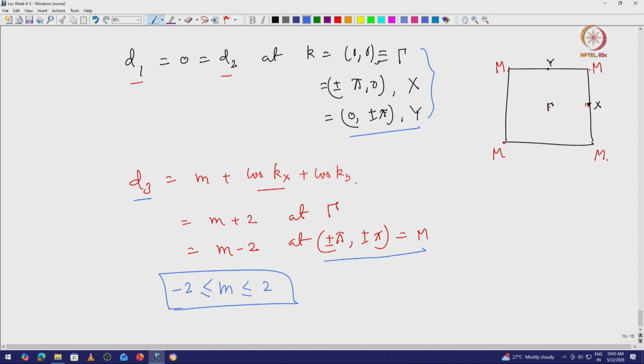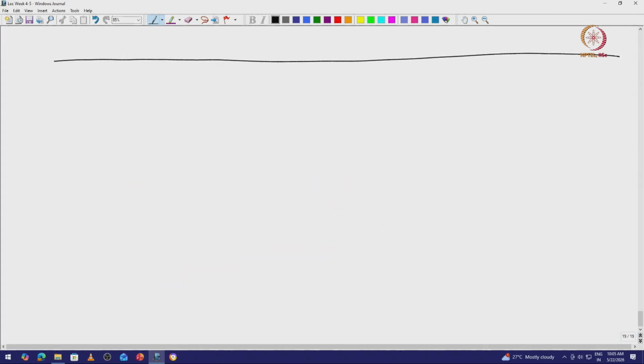Okay, let us define something called m prime equal to m plus minus 2. So, actually we will define it later. So, these are the values of m. So, m is our only parameter in the Hamiltonian.